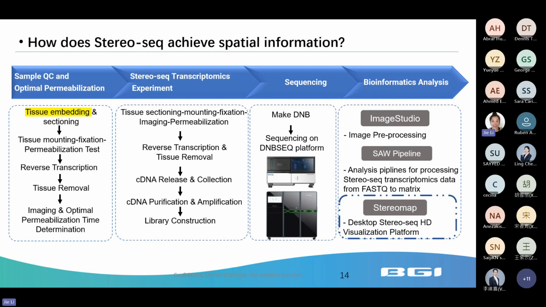And then with StereoMap, we can do some visualization. If you have a specific area of the samples you want to analyze further, we can use this software to do further or customized analysis.